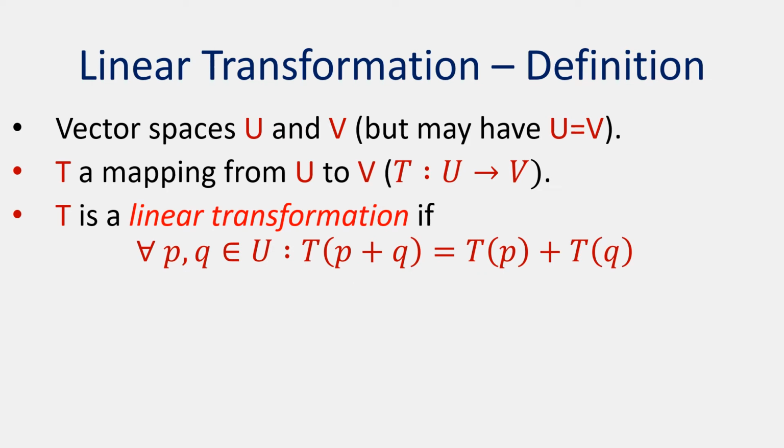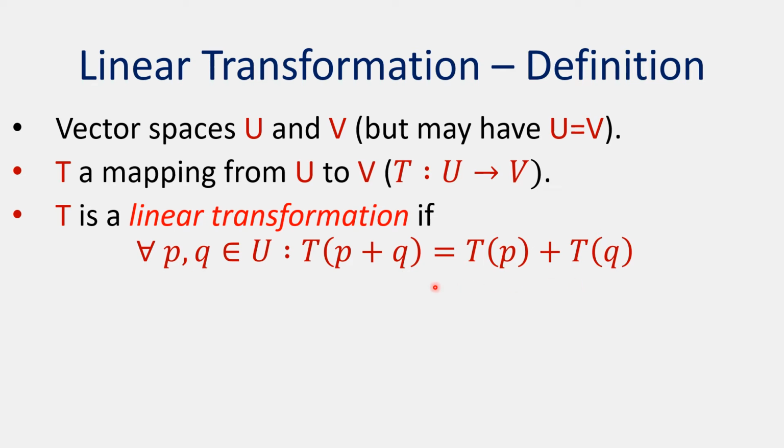The first condition is if we take any two vectors in our vector space U, say vectors P and Q, if we add those two vectors and apply the mapping to the result of that addition, that's exactly the same vector as first of all applying the mapping to one and adding it to the result of applying the mapping to the other.